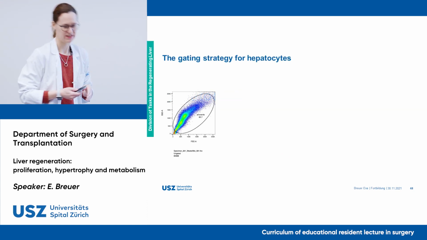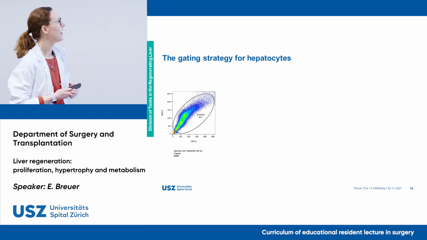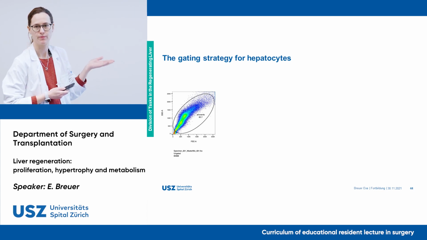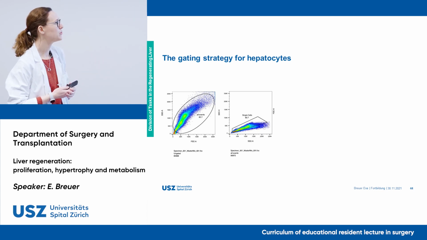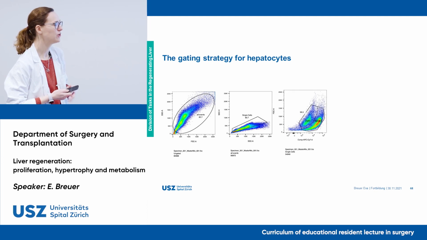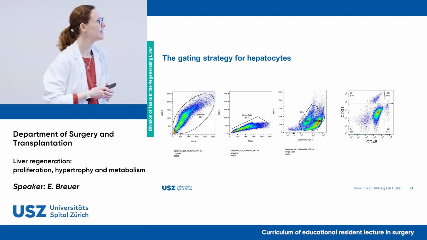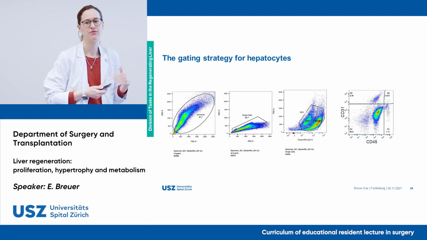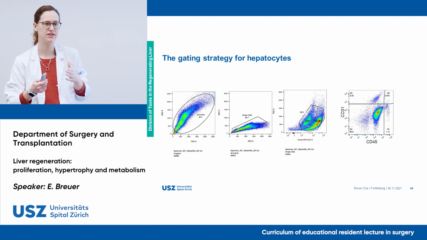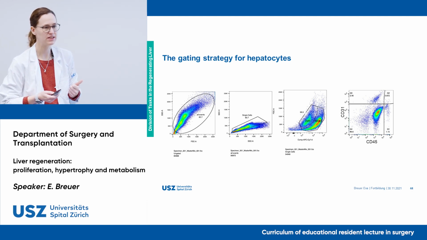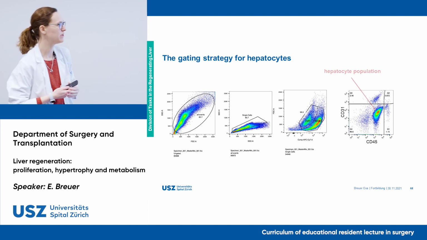This is some preliminary data. I was able to isolate them, to sort the single cells out, to take only the live cells, and to get rid of the non-hepatocytes, because in the solution you also have endothelial cells and immune cells, and for the analysis you want to get rid of that.